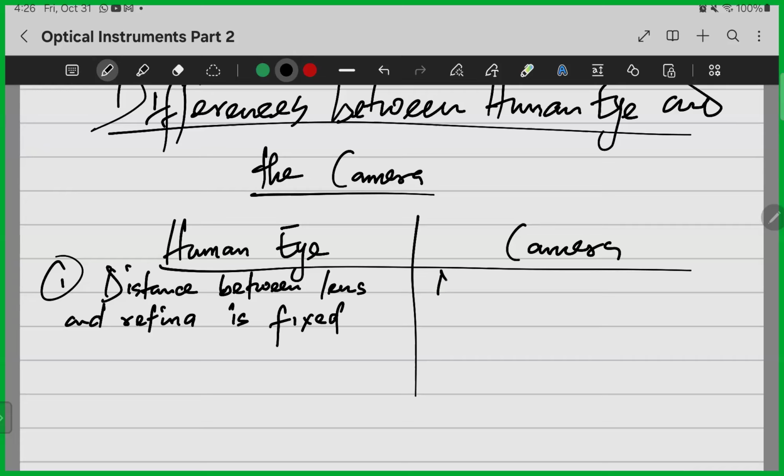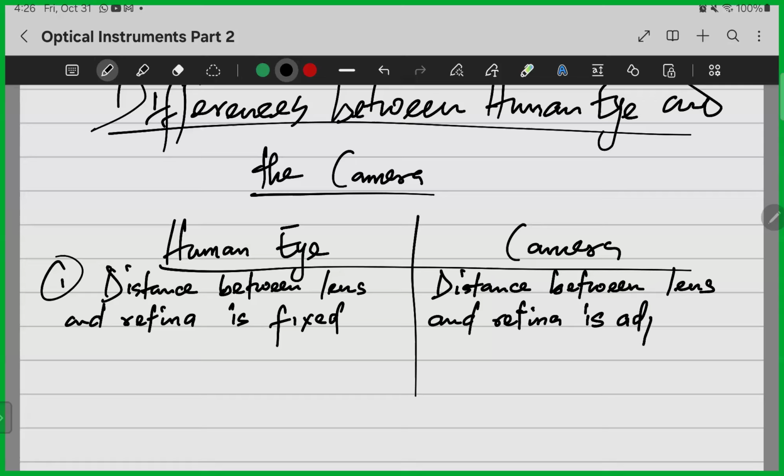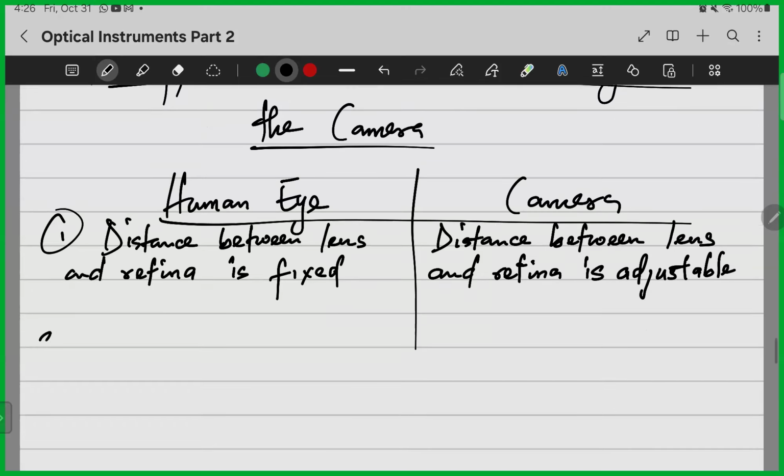But in the case of the camera, the distance between the lens and retina is adjustable. That is, it can be changed. It's adjustable.